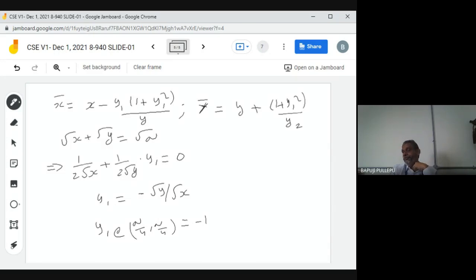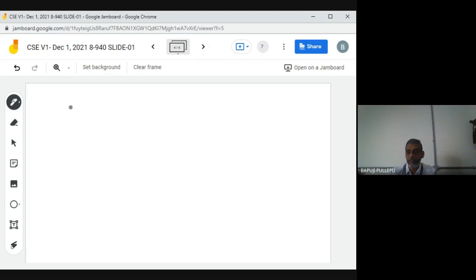Right. Now, how will we do the second derivative? Denominator square, denominator into differentiation of numerator minus numerator into differentiation of denominator. Come on, fast. y1 you can remember, sir.